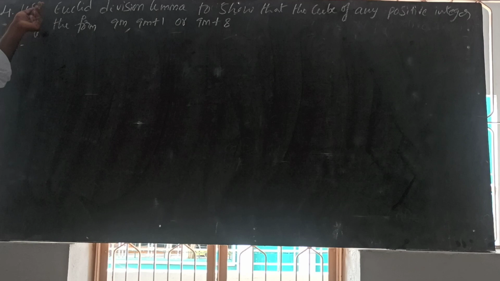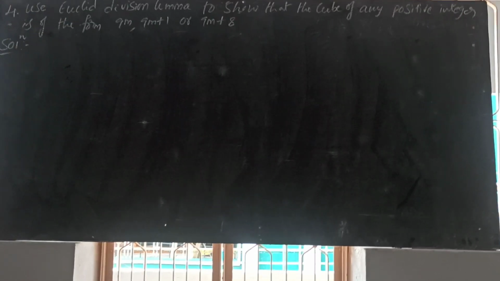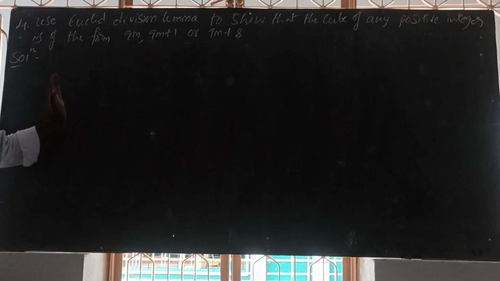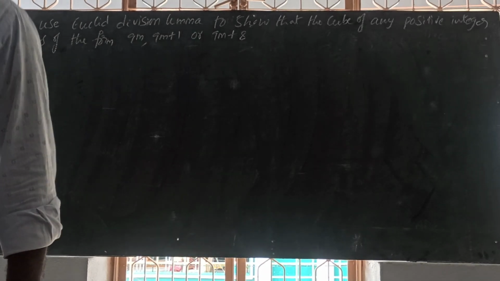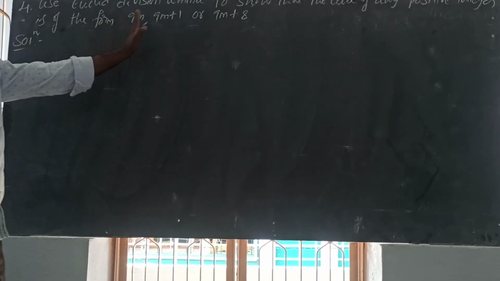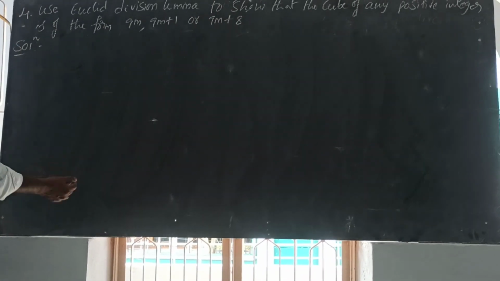Fourth one, use Euclid division lemma to show that the cube of any positive integer is of the form 9m, 9m plus 1 or 9m plus 8. So show that the cube of any positive integer is in the form of 9m plus 1 or 9m plus 8. Same.